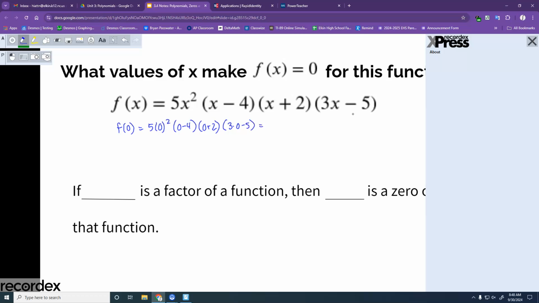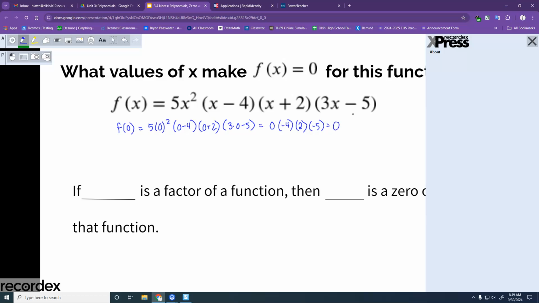And that would give me 5 times 0 squared would be 0. This would give me negative 4. This part right here would give me positive 2. This part right here would give me negative 5. And what would that equal when I multiplied all those together?